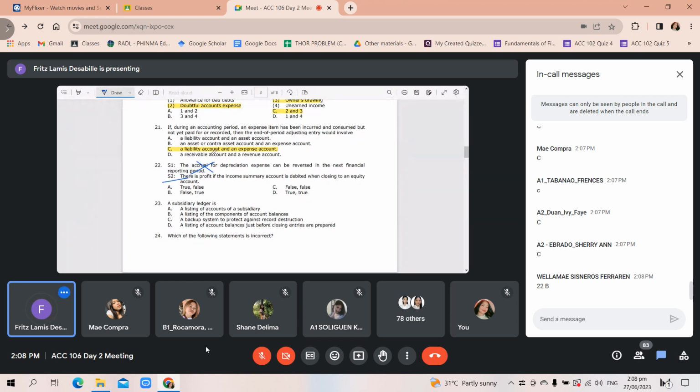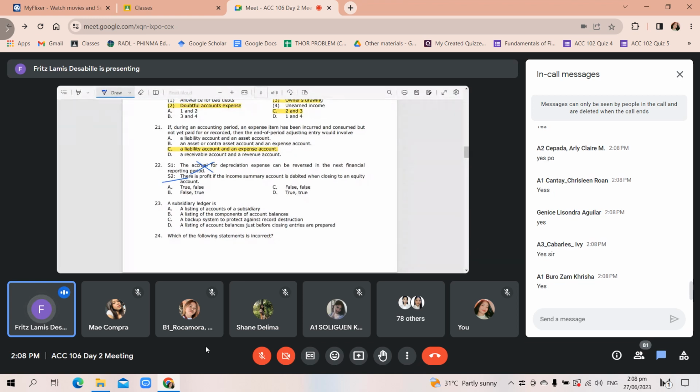Correct, no? Profit would increase your equity. Do you agree? Profit increases your equity. How do you increase your equity?